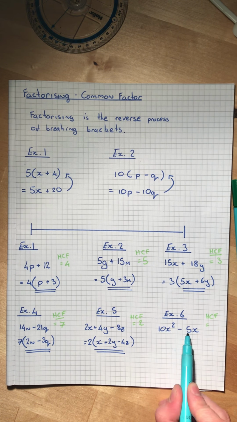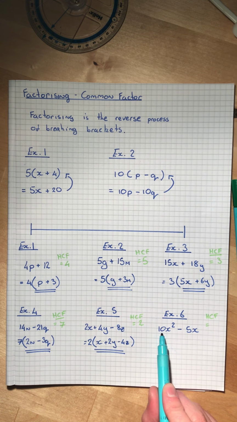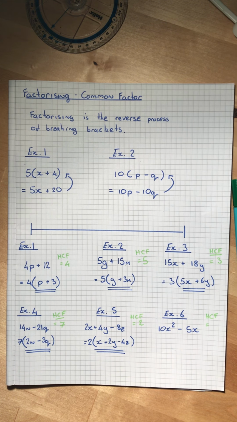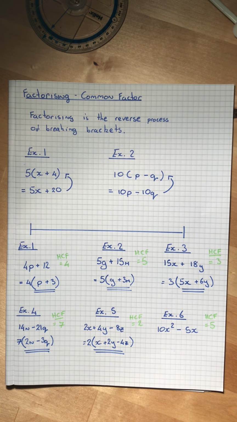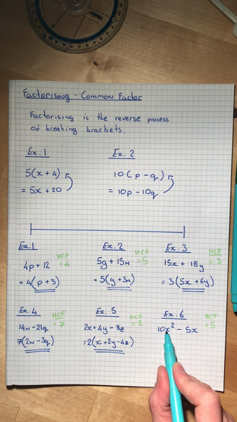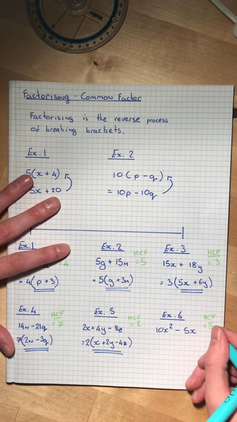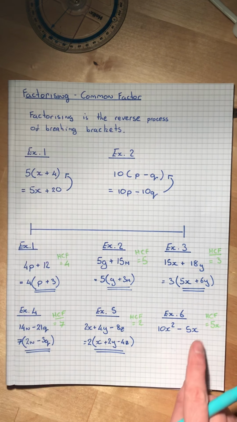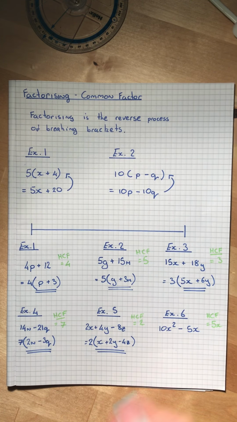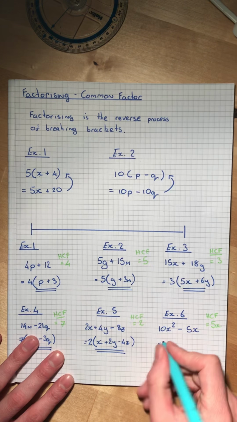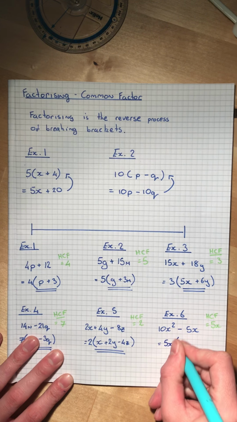If we just look at the numbers first of all, the highest common factor of 10 and 5, well, they're both in the 5 times table, so that means 5 must be part of the highest common factor. But we can also take out an x because there's an x common to both terms, hence the name common factor. So that means we've got to have 5x outside the brackets.